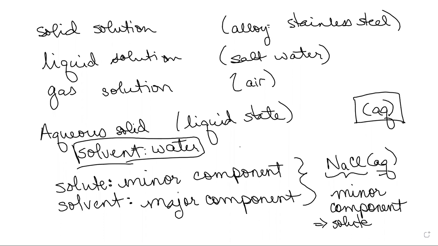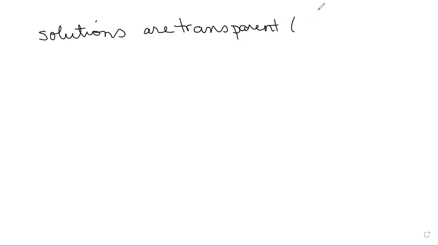Now, when we talk about aqueous solutions or liquid solutions in particular, there are a few other aspects that we need to bear in mind. That is, our solutions are transparent. They can be colored or colorless, but you can see through them. Okay.